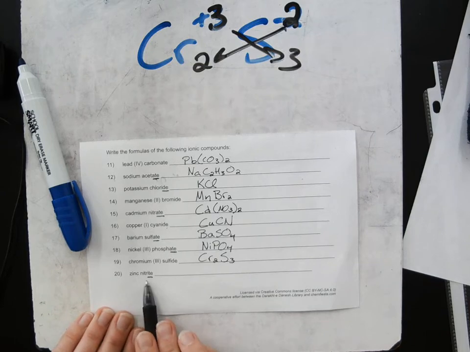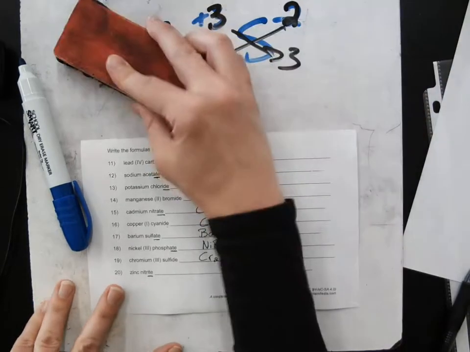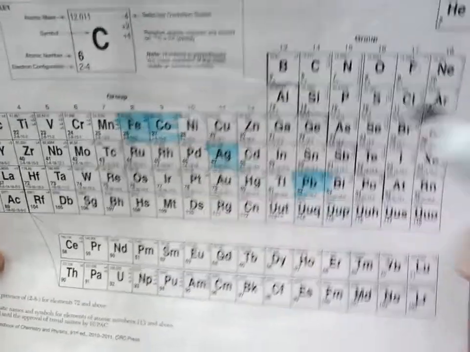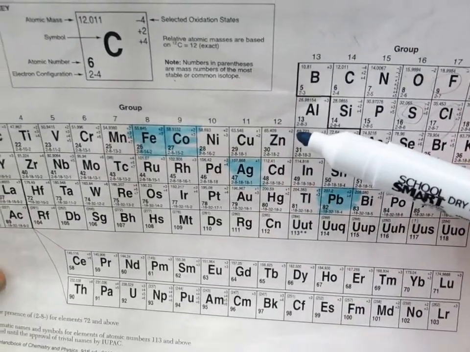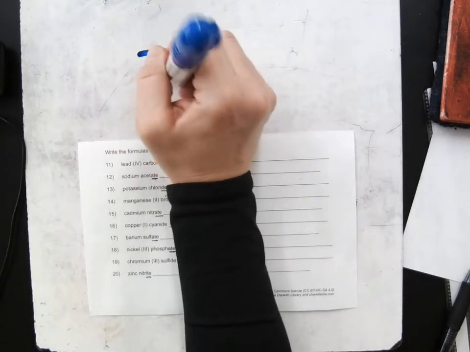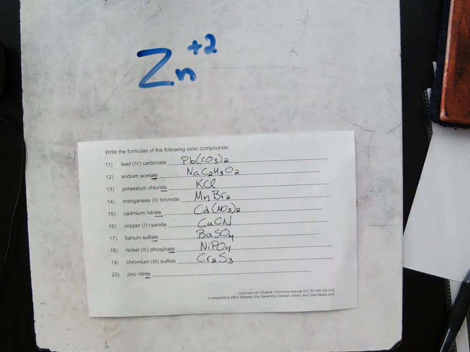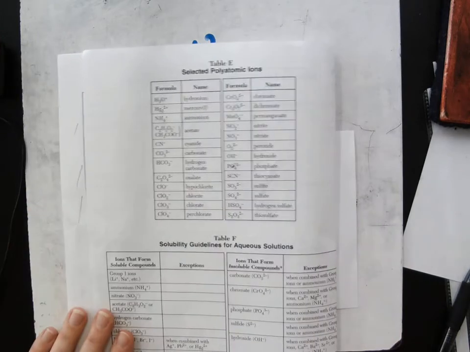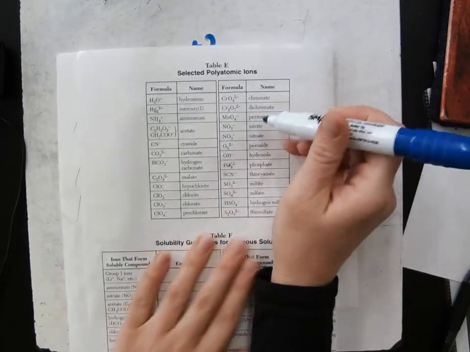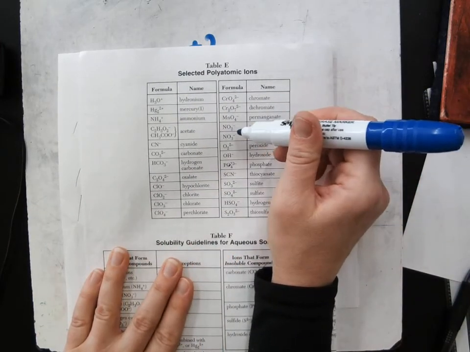Zinc nitrite, ITE ending. I'm going to find him on table E. Meanwhile, here's zinc, Zn positive 2. Nitrite. I think nitrite is NO2 with a minus 1, but I should show you. Nitrite, NO2 with a minus 1.